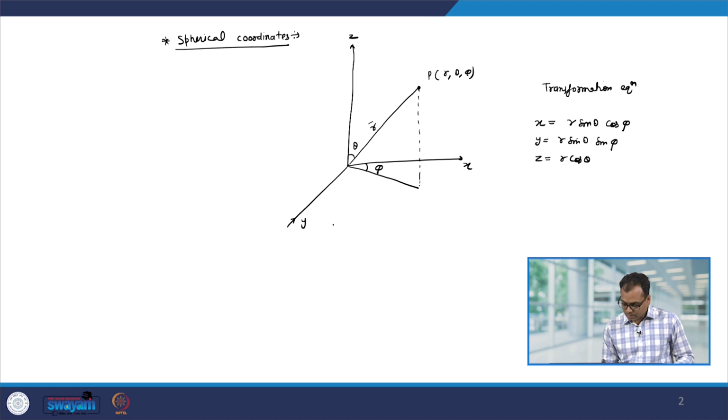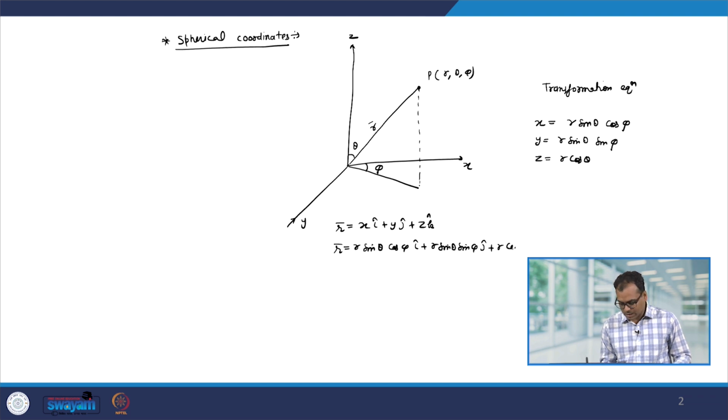Now, vector r I can write down as x i plus y j plus z k, and since I know what x, y and z are, vector r can be written as r sin theta cos phi i plus r sin theta sin phi j plus r cos theta k. Now, let us calculate del r vector over del r.